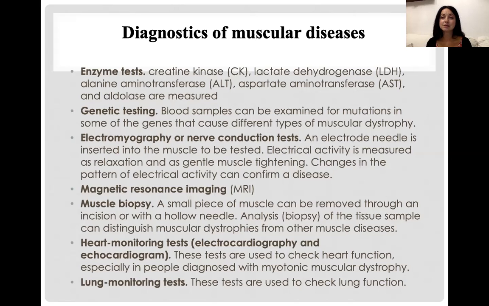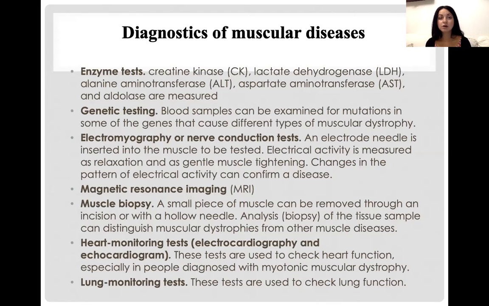Genetic testing is performed when you suspect some hereditary disorder like myodystrophies. And we have some instrumental diagnostic ways to diagnose muscular disease. For example, electromyography.